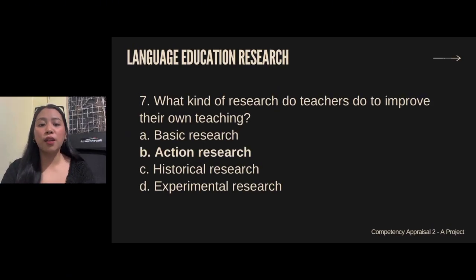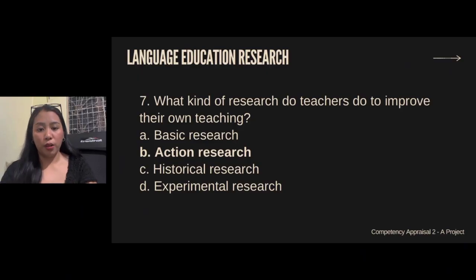This is done by teachers who want to reflect and improve their teaching methods, while basic research is for building theory, not classroom practice. Letter C, historical research, only deals with events from the past, and letter D, experimental research, often requires controlled environments.